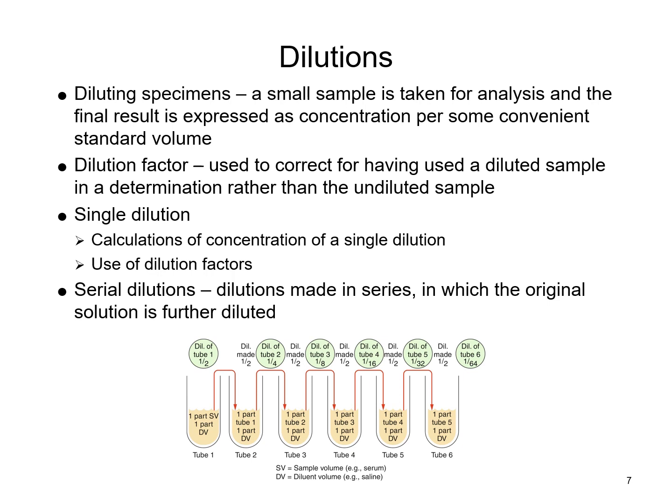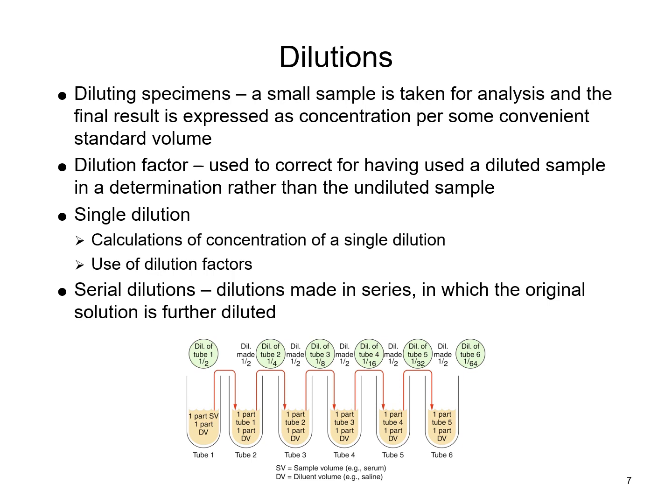You can do a single dilution, where you take a portion of your sample and mix it with a portion of your diluent, and then you get a ratio. Of course you will need to know that dilution factor to determine your actual final result, your final concentration.